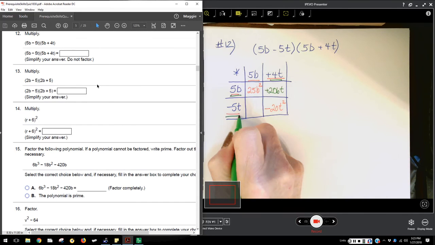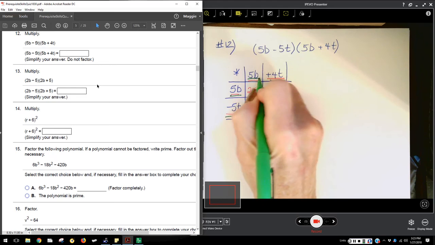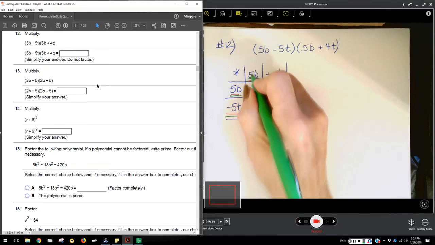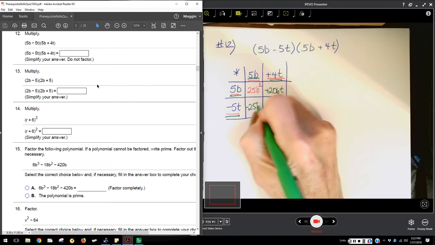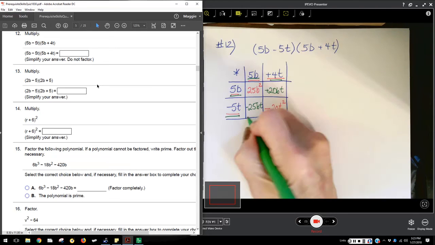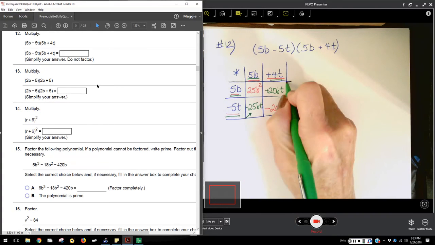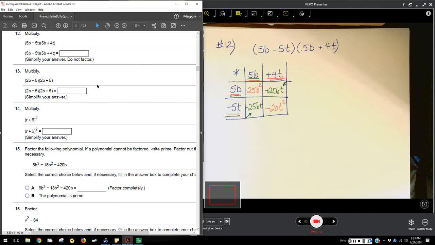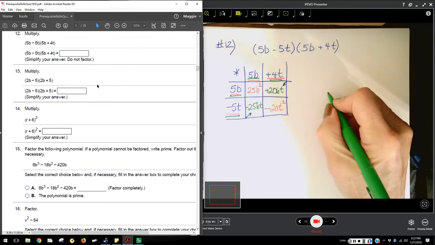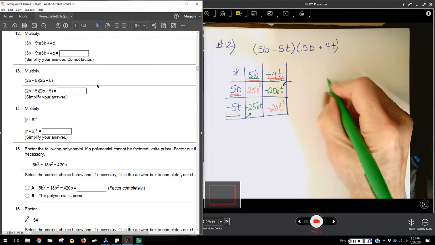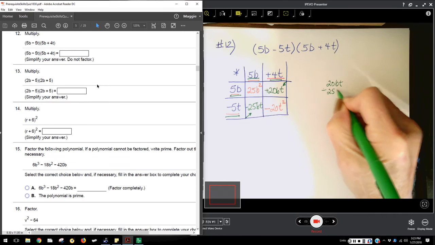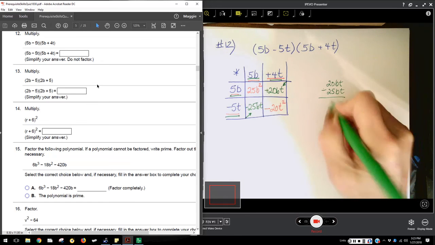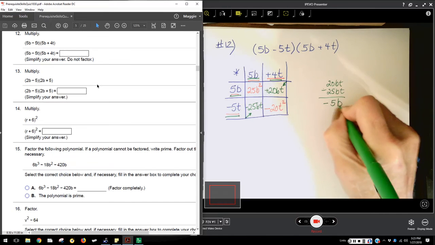Negative 5t times positive 5b, negative 5 times 5 is negative 25, and b times t is bt. Here are your two middle terms. And those two middle terms combine, 20bt plus negative 25bt is negative 5bt. There's your middle term.